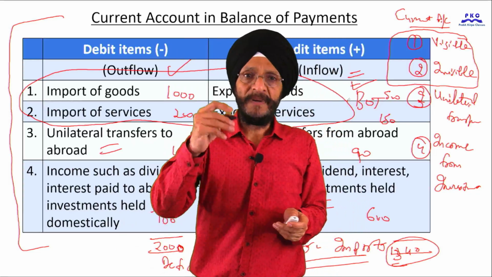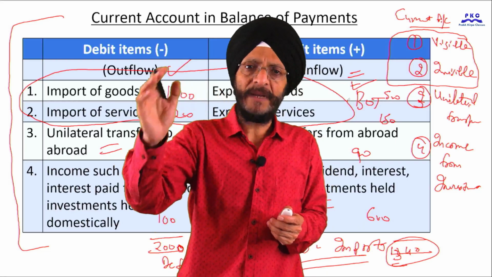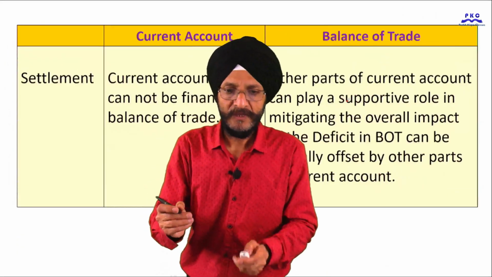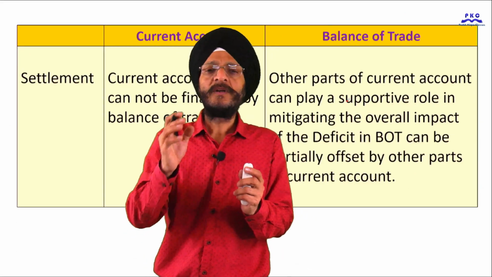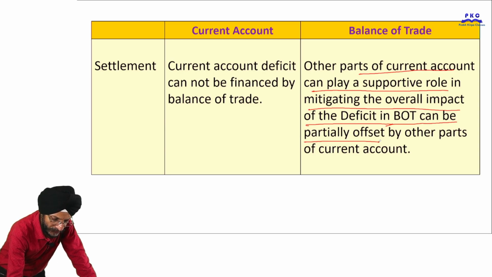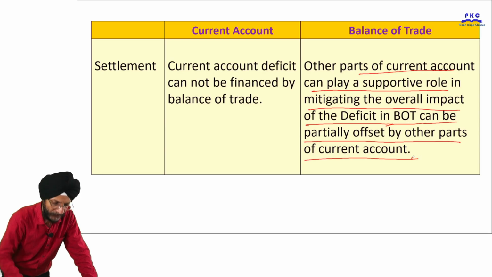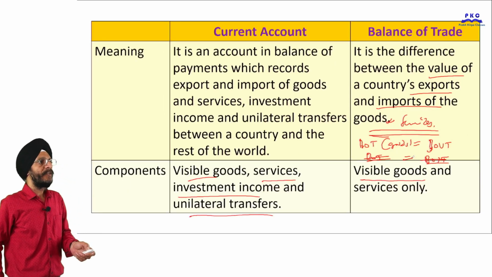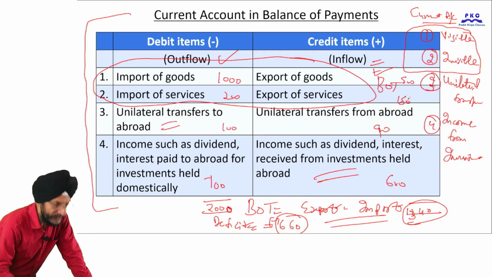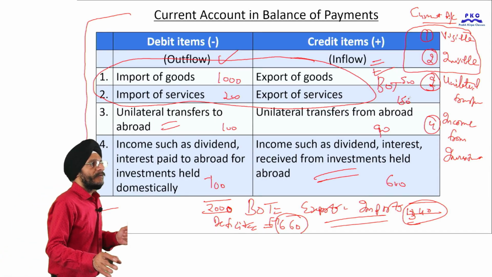But if there is a deficit in balance of trade, it may be met, or we can say that other parts of the current account can play a supportive role in mitigating the overall impact of the deficit in BOT, which can be partially offset by other parts of the current account. What does it mean? Suppose there is a deficit in balance of trade.